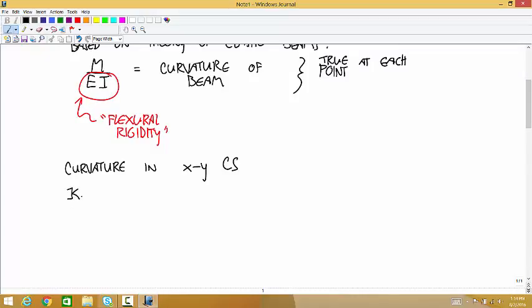The Greek letter kappa, that's the curvature, is equal to the absolute value of f double prime of x divided by 1 plus f prime of x squared, and that whole denominator is to the 3/2 power.